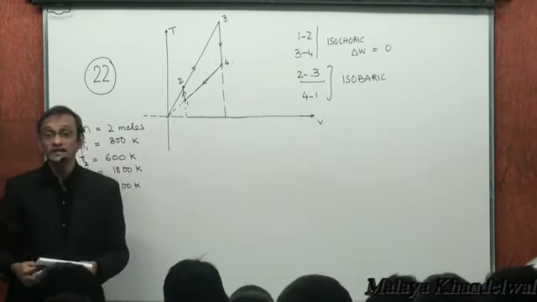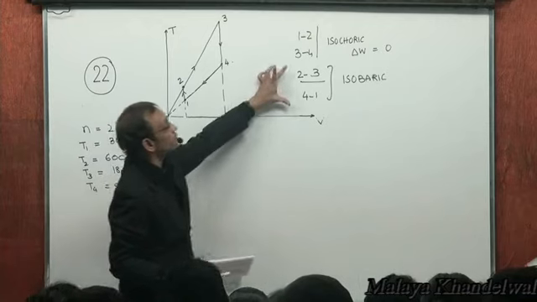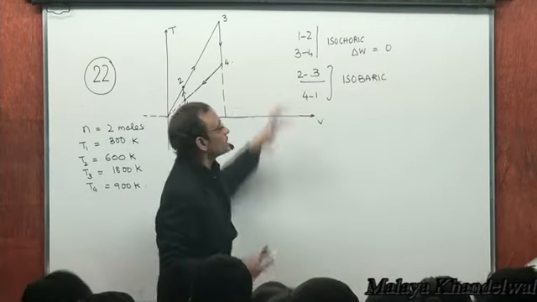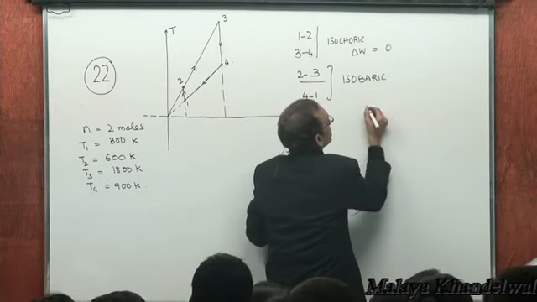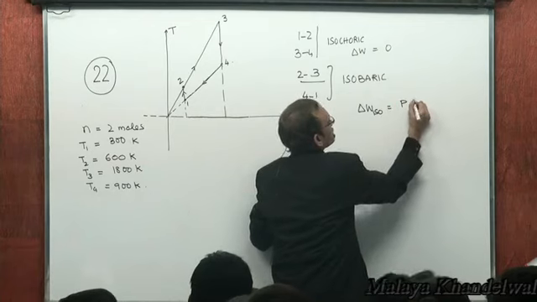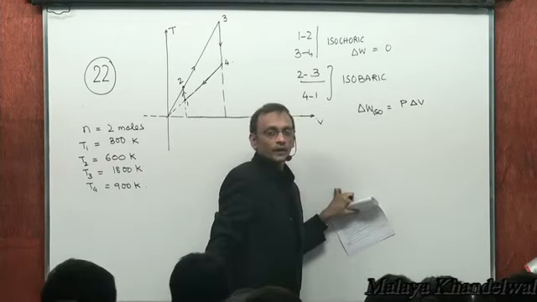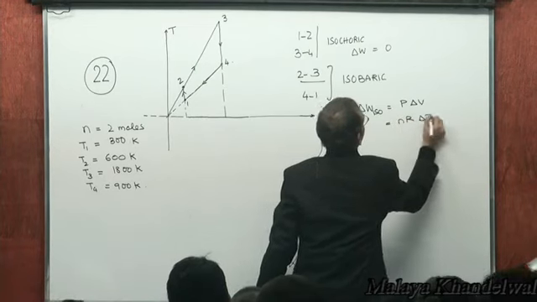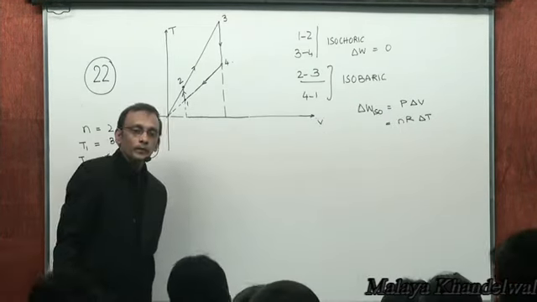We want to be able to calculate the work done by the cycle. That means we just need to calculate the work done in 2-3 and 4-1. Work done in an isobaric process is P times delta V, which is NR delta T.